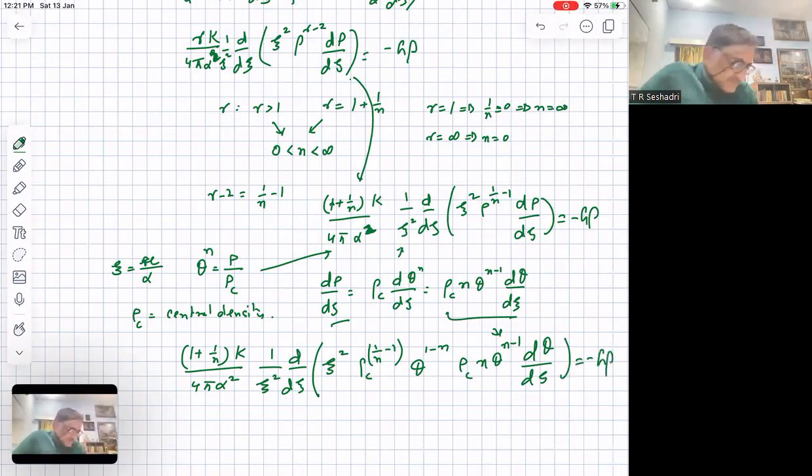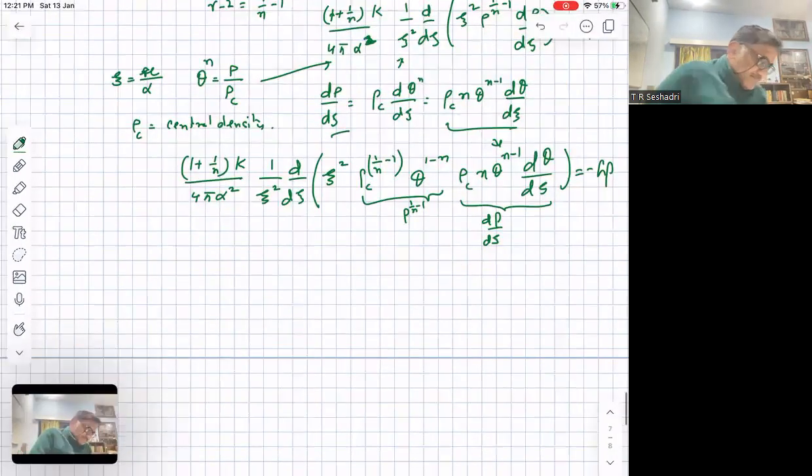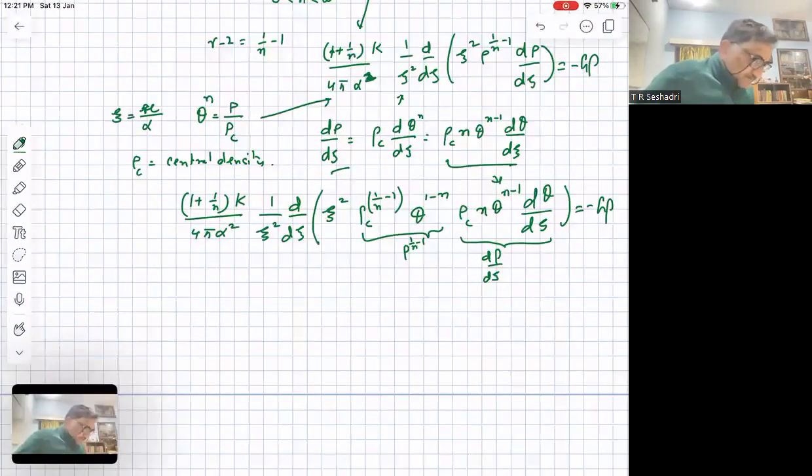See, this portion comes from rho to the power 1 by n minus 1, and this portion comes from d rho by d xi. All right?